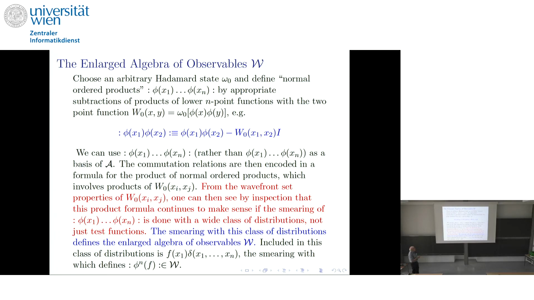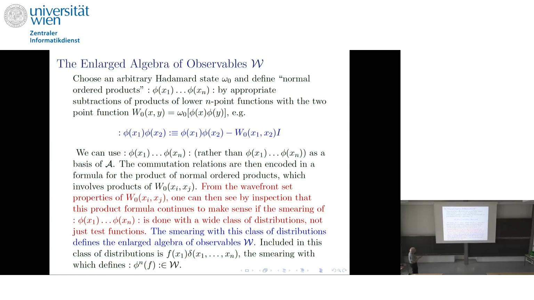Let me explain now how you can enlarge the algebra of observables to include nonlinear functions. The first key step is to introduce some Hadamard state. Well, you have to show they exist in an arbitrary globally hyperbolic curved space-time, but they do. And define these so-called normal ordered products by suitable subtractions of the two-point function in a Hadamard state.